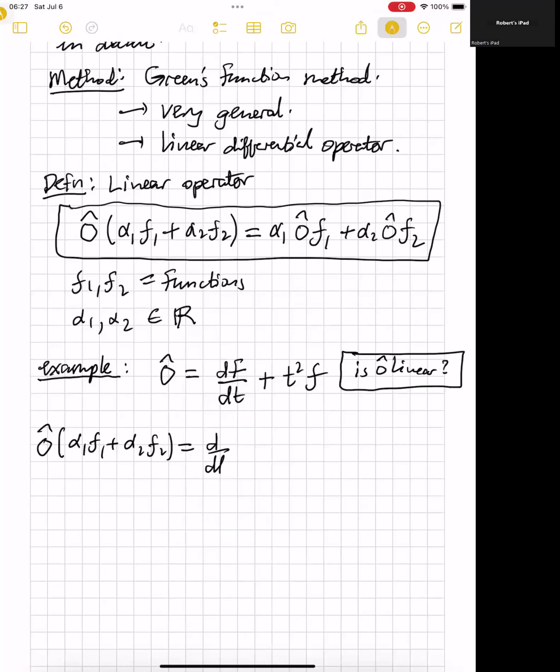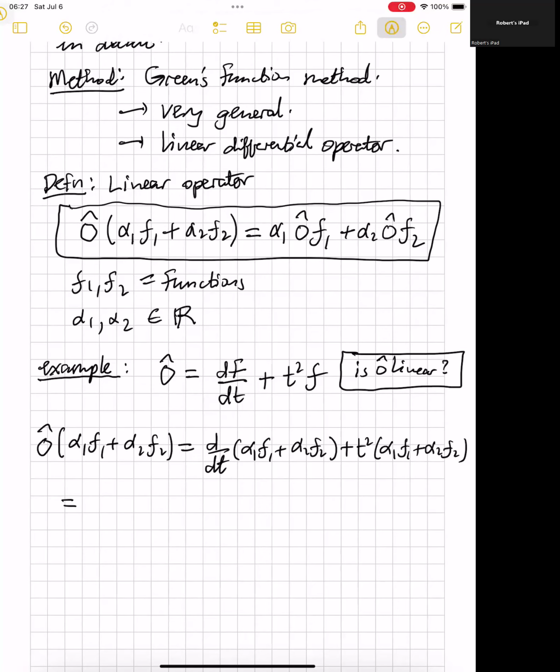We want d/dt on α₁F₁ plus α₂F₂, and then plus t² multiplied into α₁F₁ plus α₂F₂. So let's take the derivative first. The derivative of a sum is the sum of the derivatives, so I can just add the derivatives of those two terms.